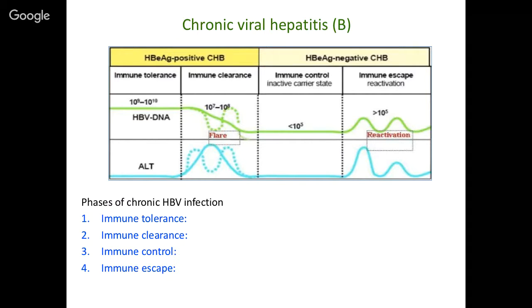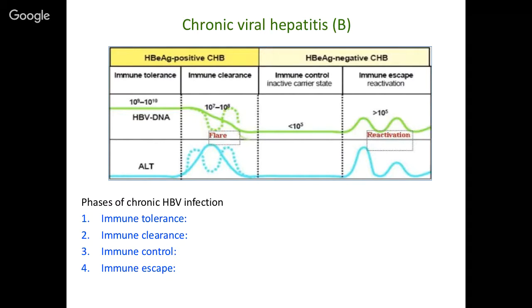So you get reducing levels of HBV DNA, and you start to get abnormal levels of ALT. Then the body looks to immune control, which is inactive carrier state, where you get remission of liver disease and you get undetectable HBV DNA in your serum, and then immune escape. So that's essentially reactivation of the viral process.